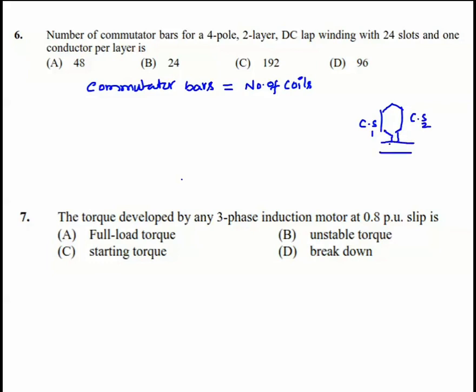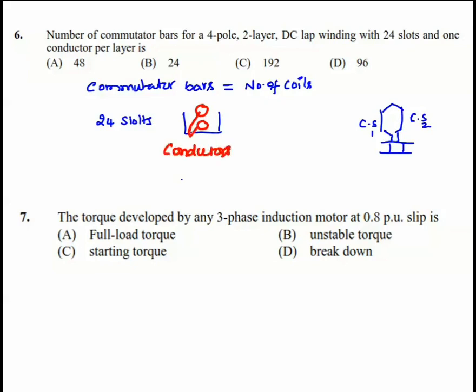Here we have commutator bars like this. Normally in the given question we have 24 slots. So I will take the slot like this. In this slot, it's a double layer winding. That means we will have 2 conductors, first conductor and second conductor.